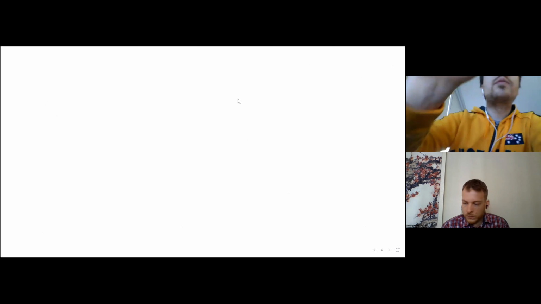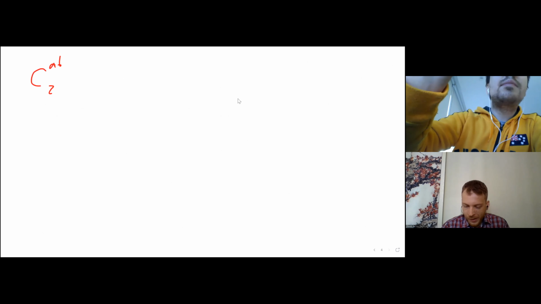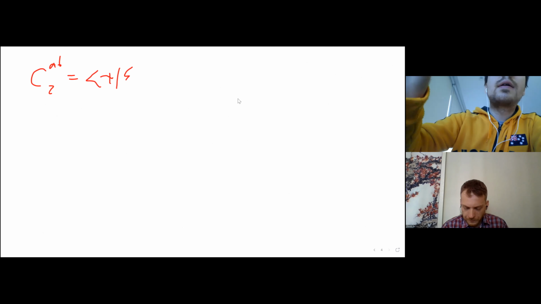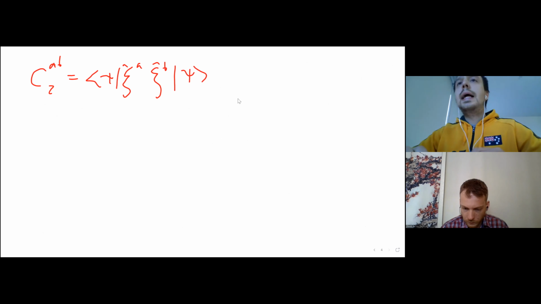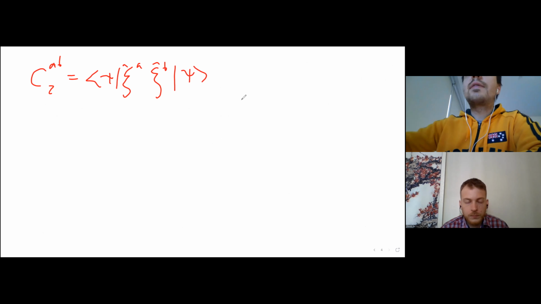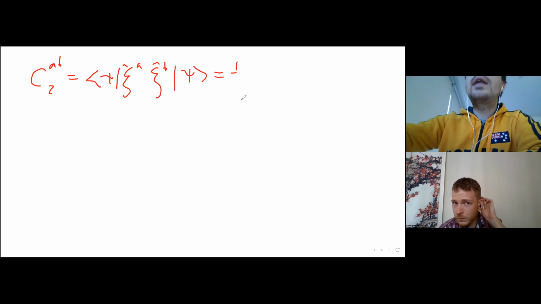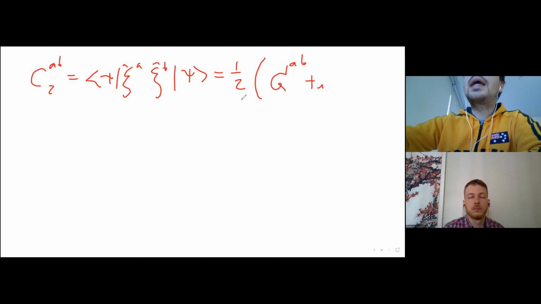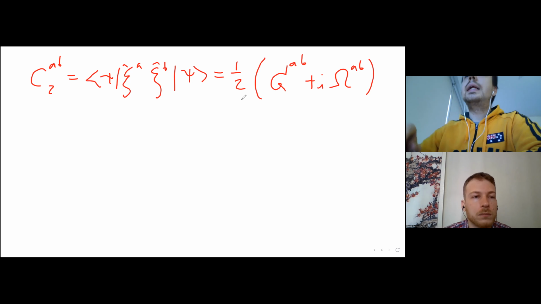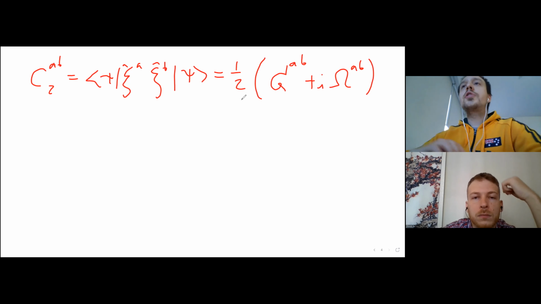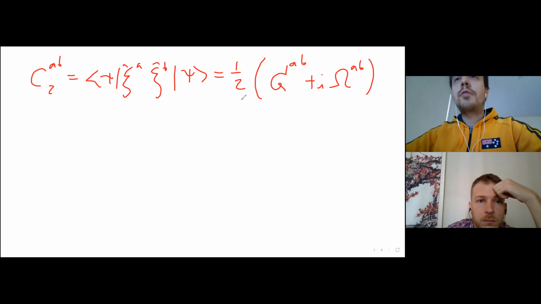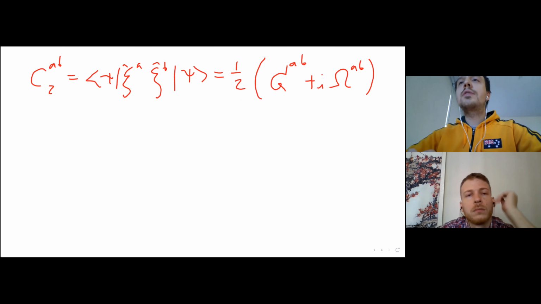We have C2_AB being equal to the expectation value of psi_A psi_B, and I'm claiming that this will be equal to 1/2 (G_AB plus i omega_AB), where G and omega are real bilinear forms that coincide with the respective forms for bosons and fermions.